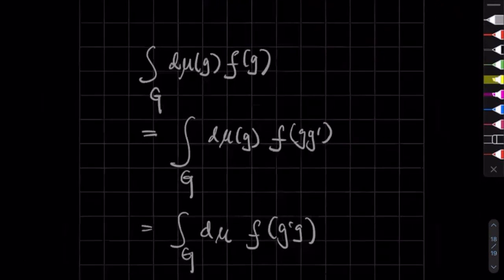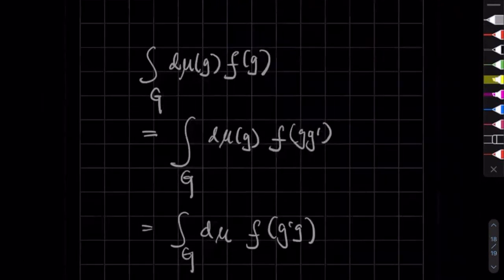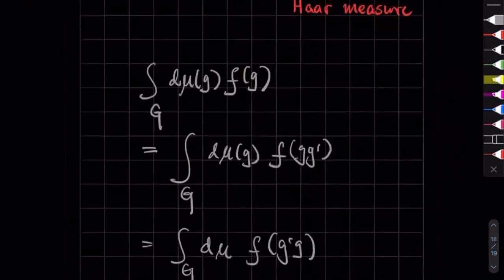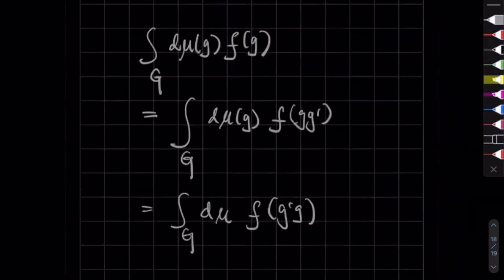Okay, so this is the continuous version for compact Lie groups of this result. So this is basically what helps us prove the theorem that we will prove next time for compact Lie groups. Okay, I think that's all I have time for.